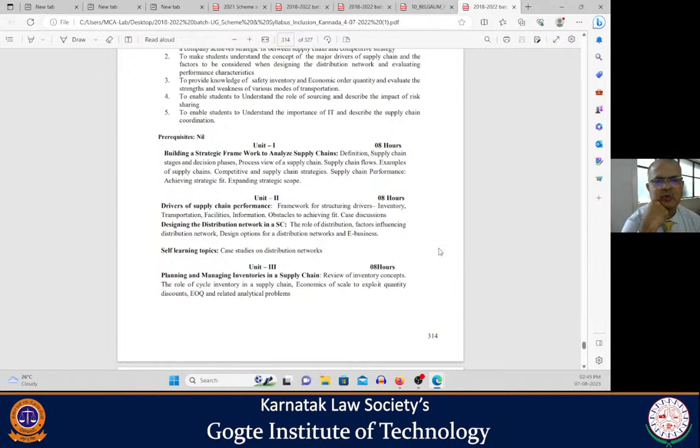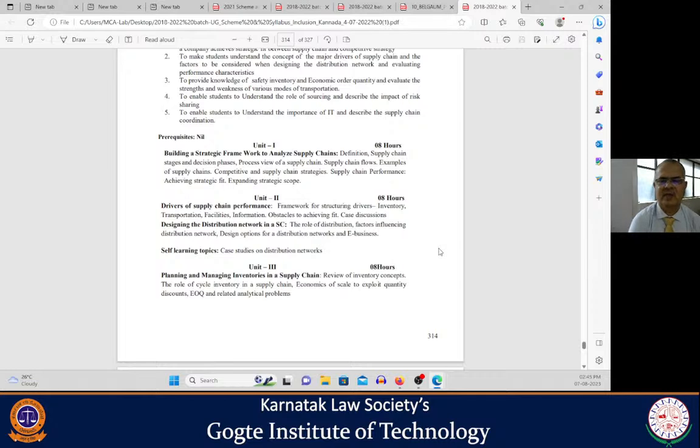Unit number 2 is supply chain drivers. And here, one more chapter, that is designing the distribution network in supply chain management. That's very important because when you link the suppliers to manufacturers to wholesalers, then to retailers and the end customer, the role of distribution is very important.